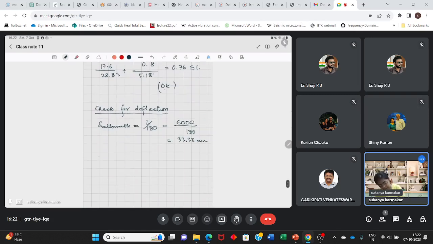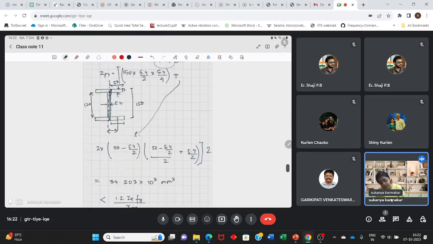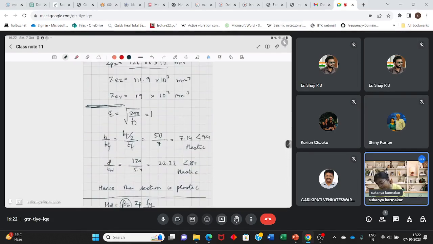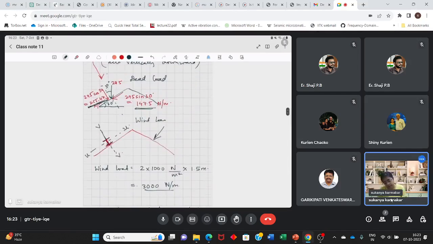Now, deflection under this load is 5 by 384 WL to the power 4 by EI. Now, 5 by 384. How much is the load? Unfactored load will be, and this load is taking place due to the dead load.